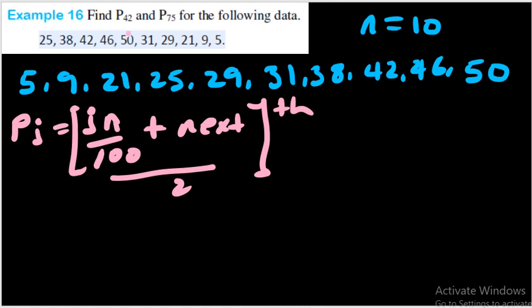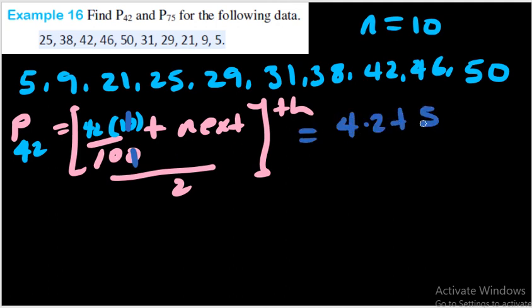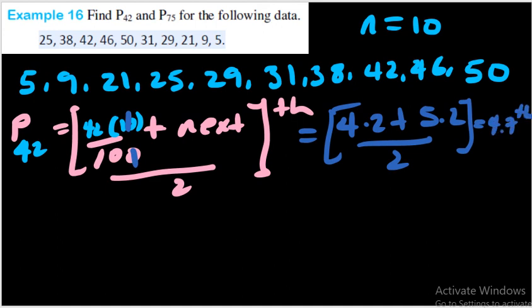So this time, 42. In place of j, I write 42 here, and the n is 10. Now I can cut the 10 here. So 42 over 10 means 4.2. So it's going to be 4.2 plus 5.2, the next one, divided by 2. When you add them, 9.4 divided by 2 will be 4.7. So it will be the 4.7th item.